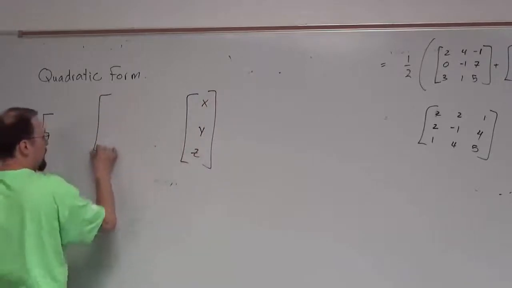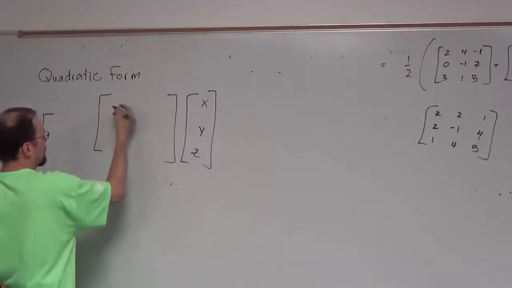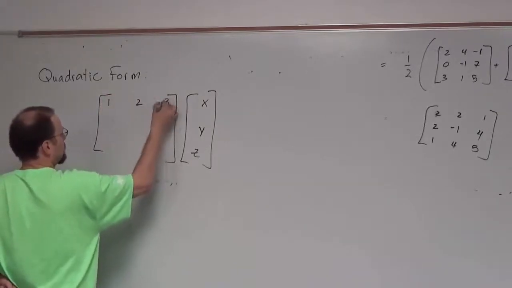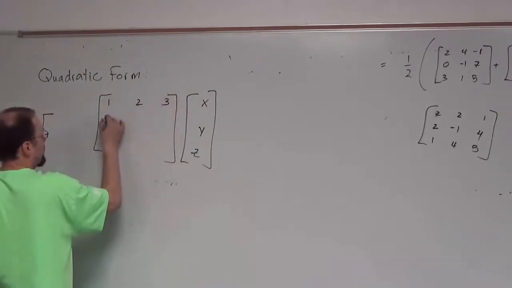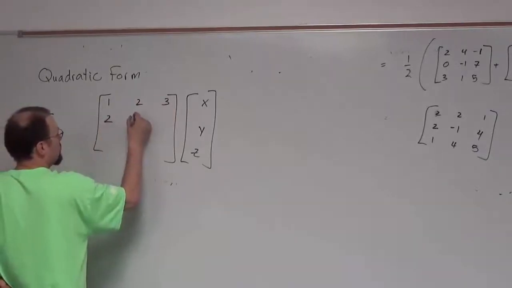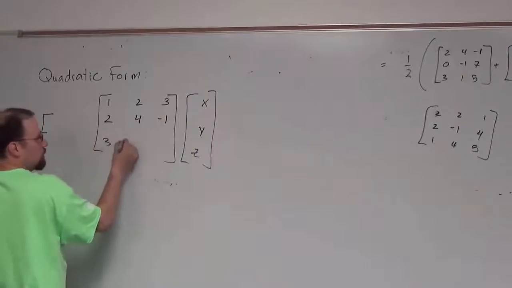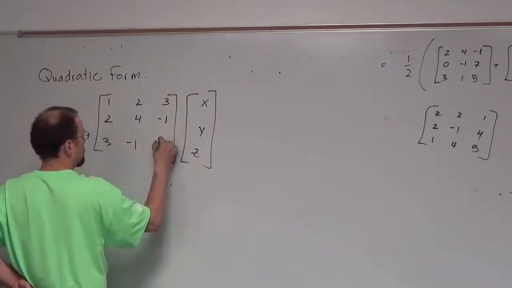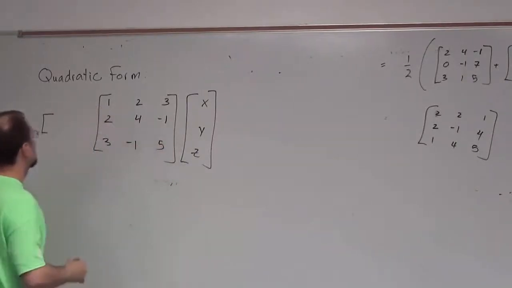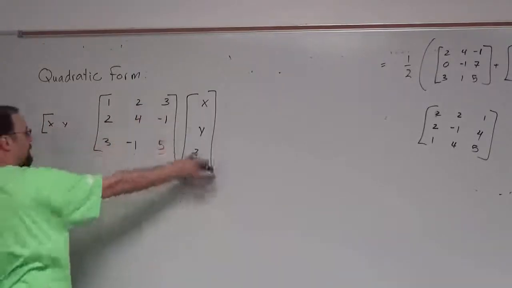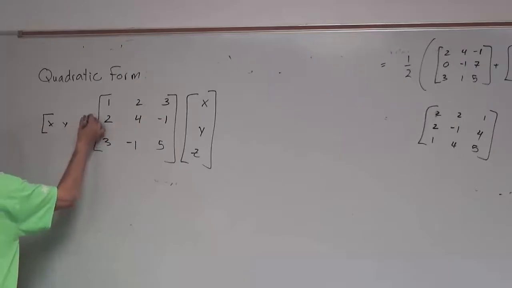You're going to multiply this by a 3x3 square matrix. Let's make it symmetric, why not? And then we're going to multiply this by the transpose of this 3x1 matrix.